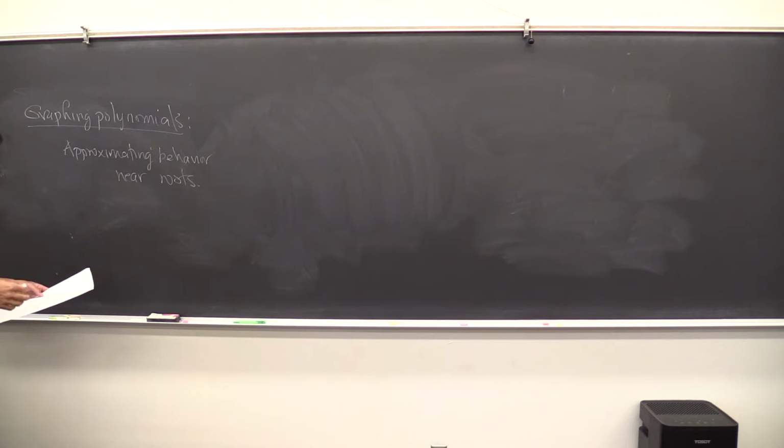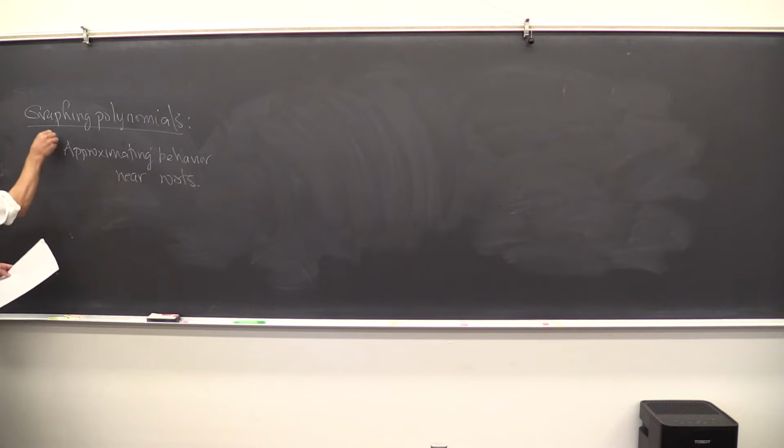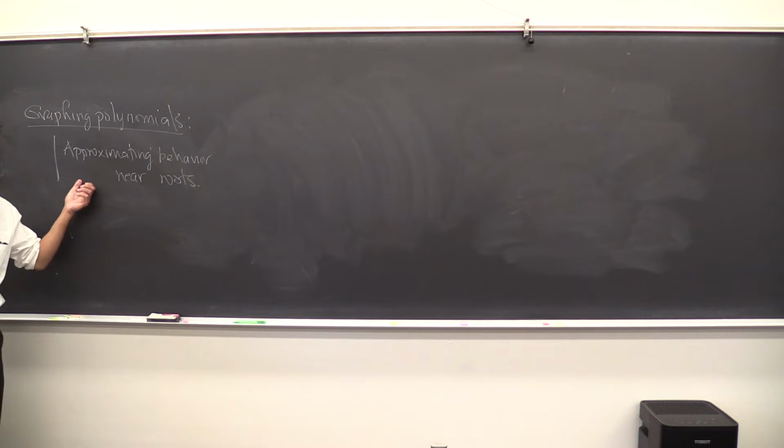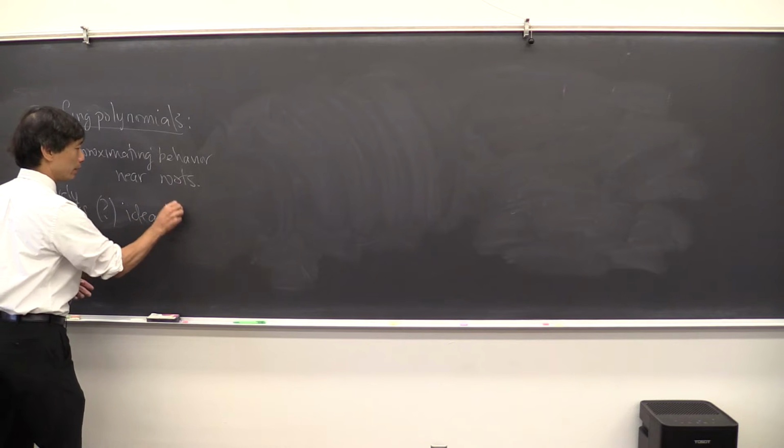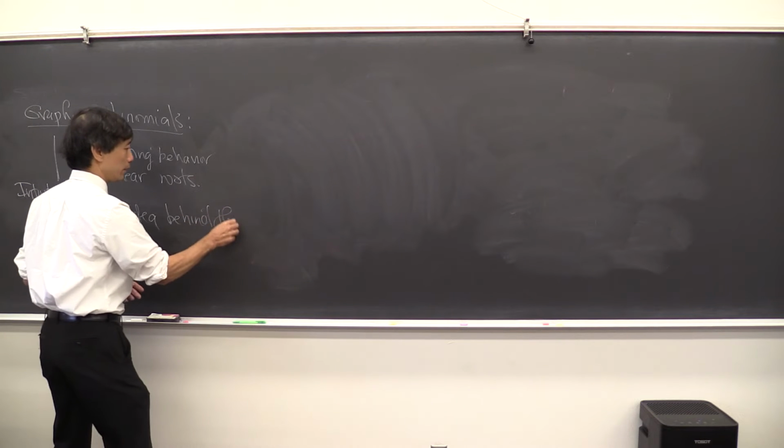Let me just say that this business we did at the end of class last time, approximating behavior near roots, is actually really simple if you think about it. It's basically just one intuitively obvious idea behind that method.